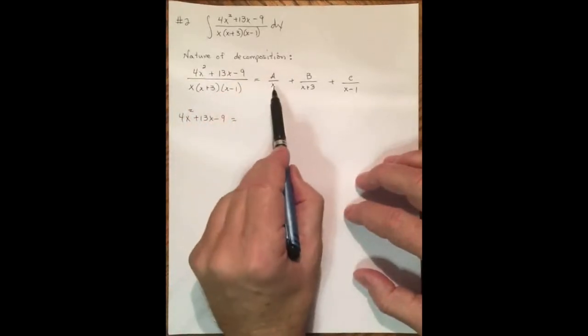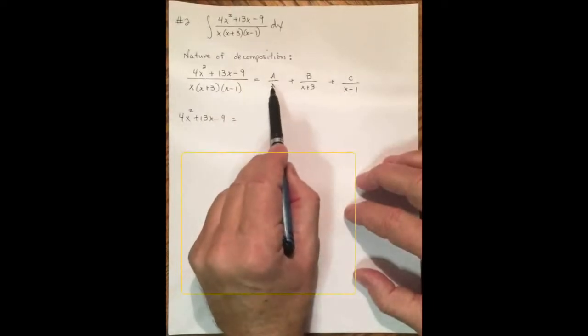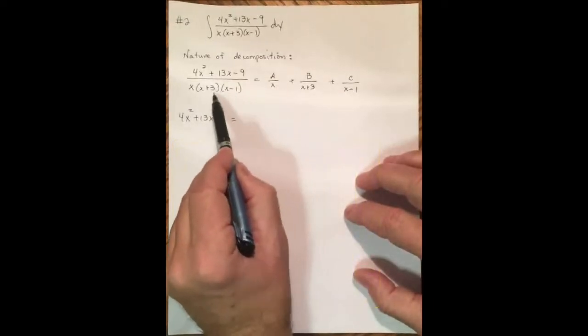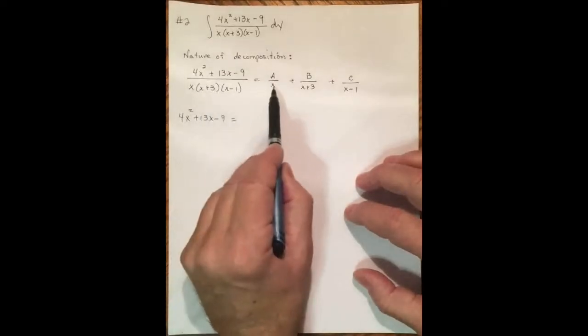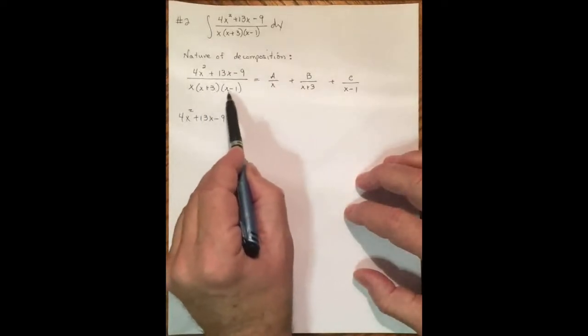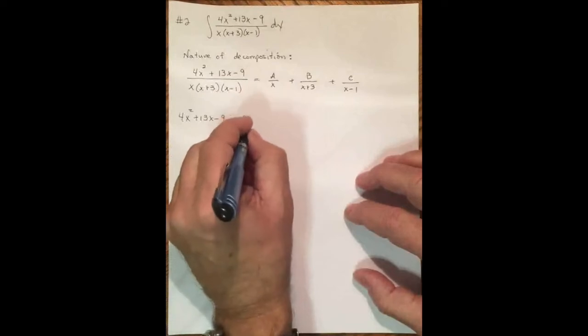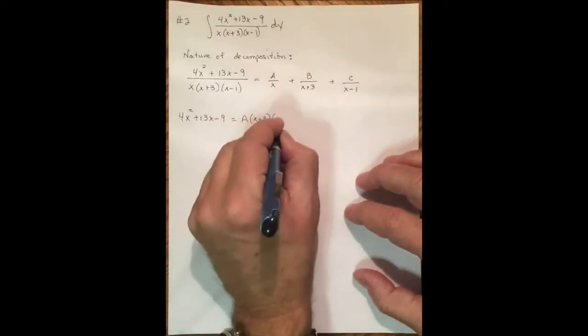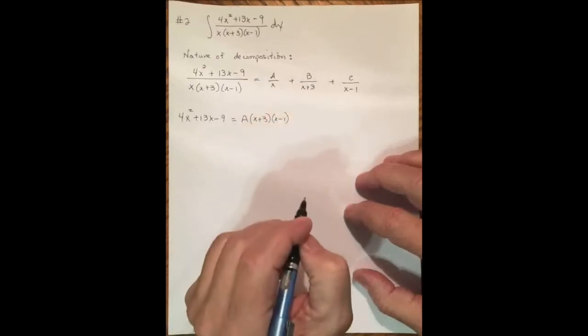Now, if I'm going to look at this fraction and I'm going to get this denominator to look like this one, then I need to multiply by those two terms, because in this denominator those two terms are missing. So I'll end up with a times x plus 3 times the x minus 1.